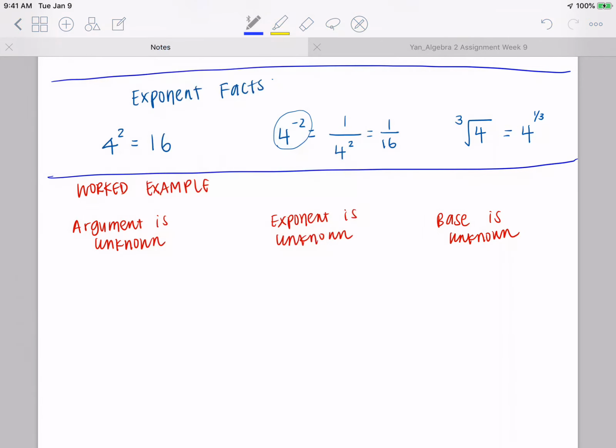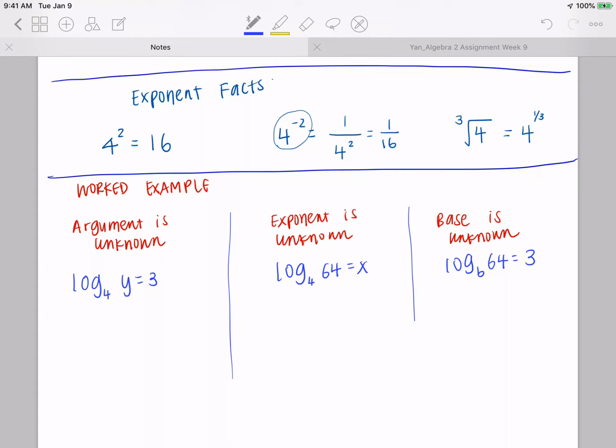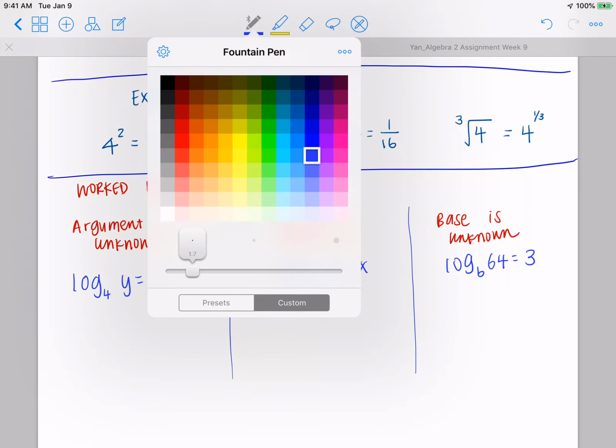Let me show you how the questions look. The first one looks like log with base 4 of y equals 3. This one is log base 4 of 64 equals x. And the last one, log with base b of 64 equals 3. So for each of these questions, we have to solve for the letter.